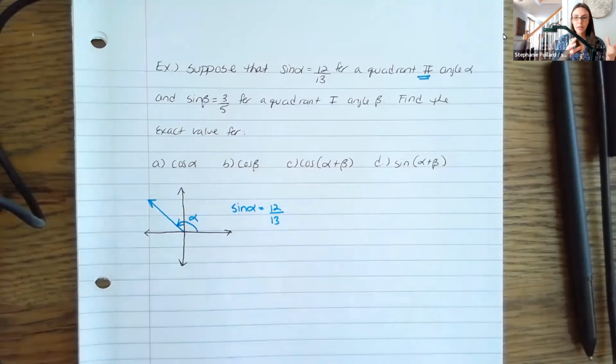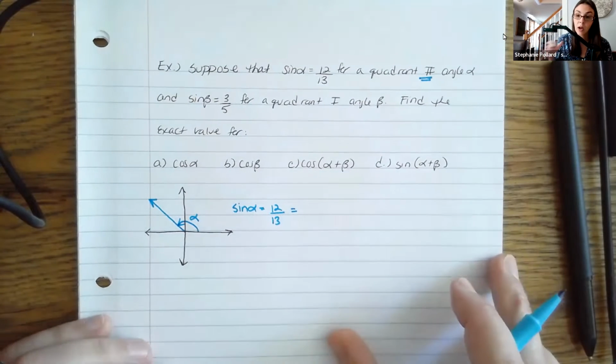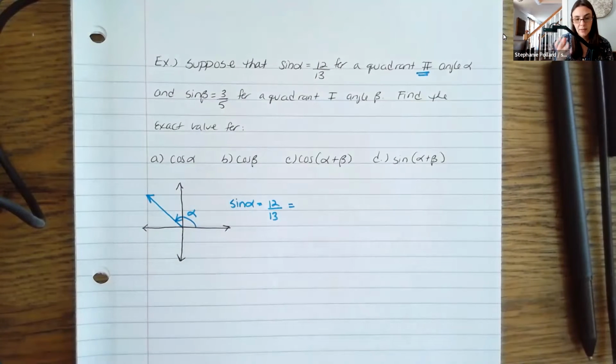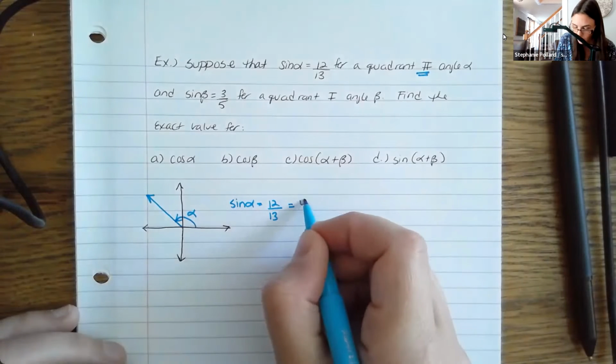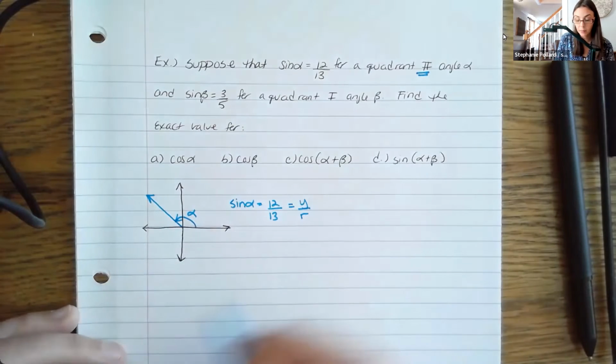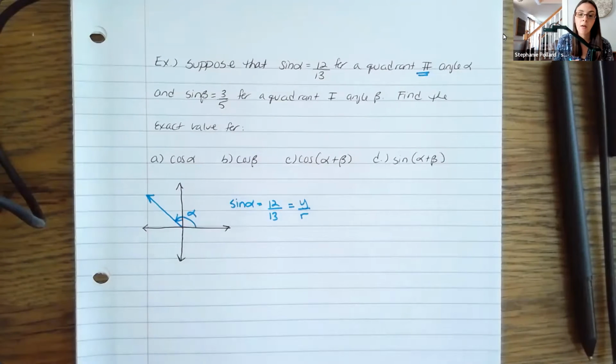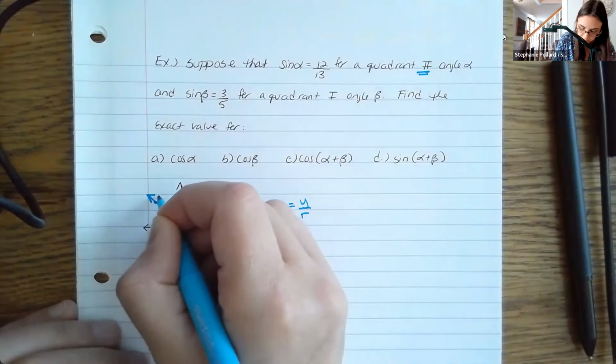Well, we're not in quadrant 1 here, so the triangle is not quite as straightforward as if it was in quadrant 1, but we do have our formulas here when we're not in quadrant 1. And remember that the formula here is y over r. So y being your y value of that point and r being the radius. So maybe our point is right here.